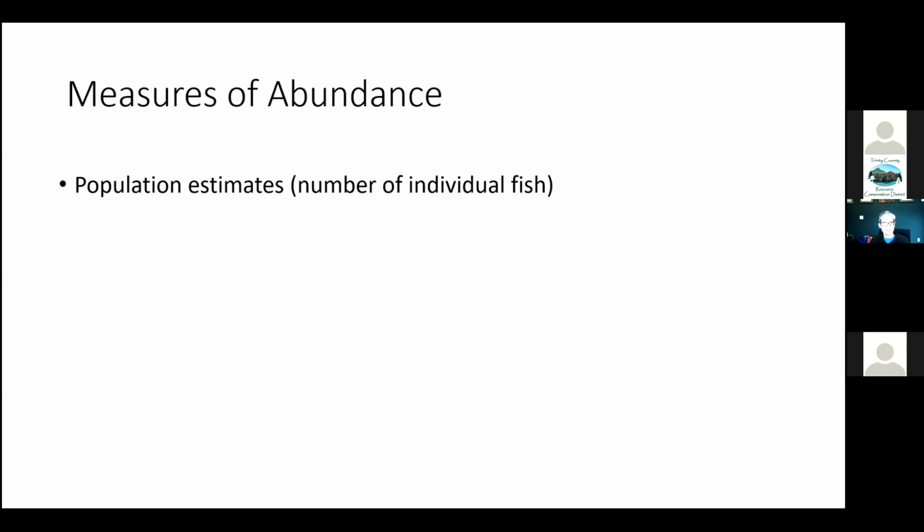Now that's a very specific and precise number. It may overstate the precision of these estimates, but nonetheless, how many fish do we estimate? But we know, especially from what Chris showed, that when there's a whole lot of fish out there, there might be some density dependent effects. If we have a high number of fish, we might be getting smaller fish because there's less food to go around.